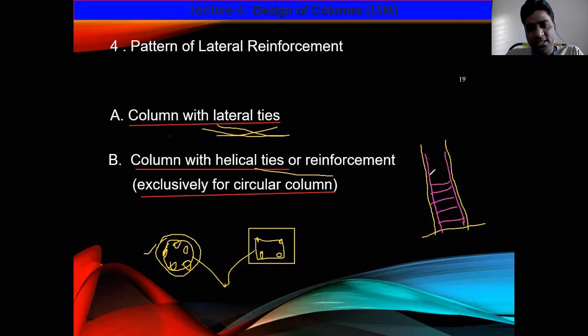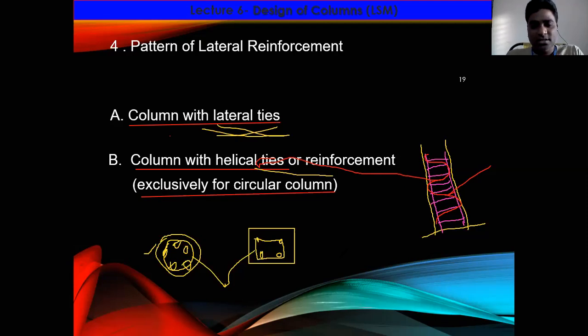In addition to the lateral ties, there is another reinforcement bar which is provided at the periphery of the reinforcement, and it will be provided like this. So this is called helical reinforcement. The purpose of providing helical reinforcement is to increase the load carrying capacity of the member, and it will increase the stiffness of the member.